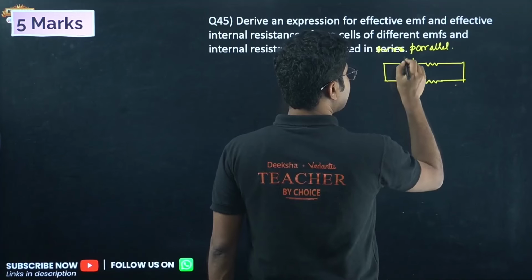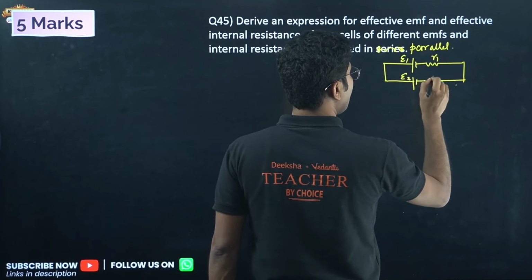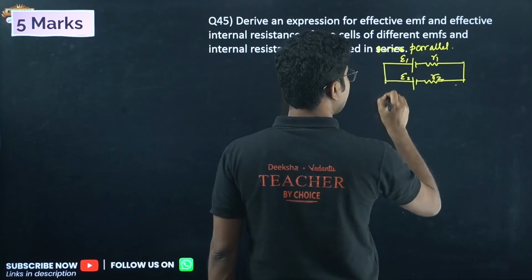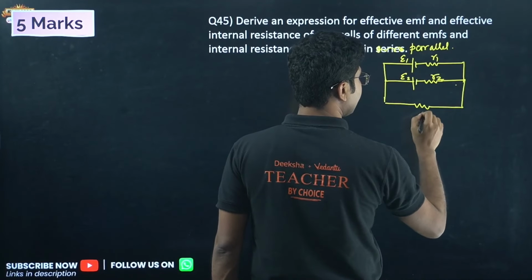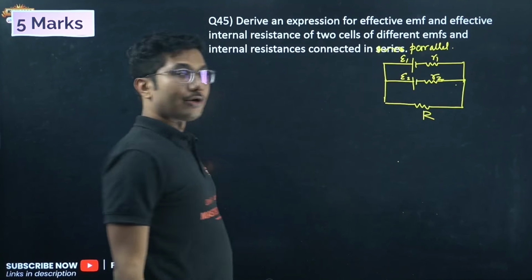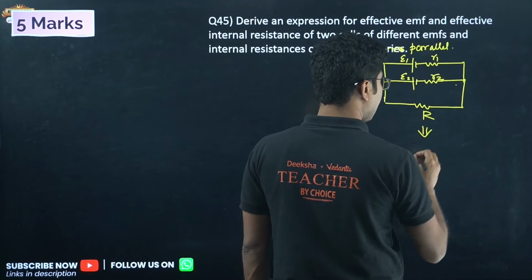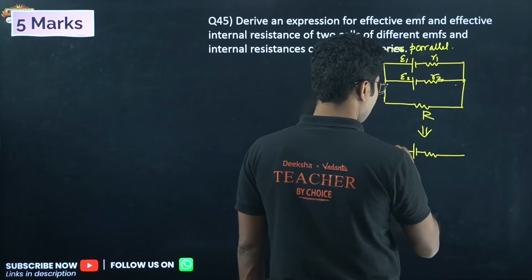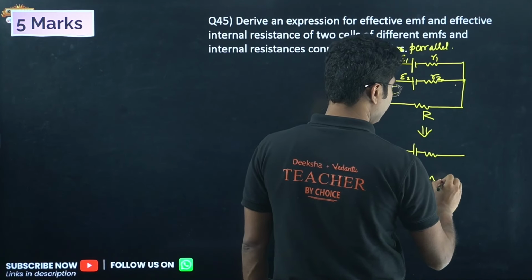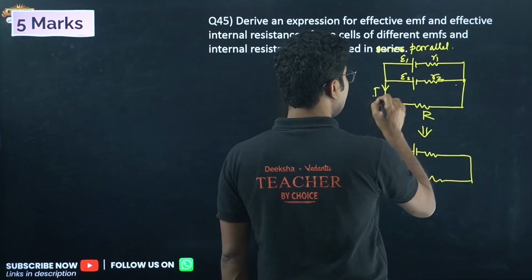Now here this is epsilon 1 R1, this is epsilon 2 R2, and the entire combination is connected across an external resistance R. What will be the equivalent circuit? As usual, the equivalent circuit will have only one cell, and the resistance will be the same.